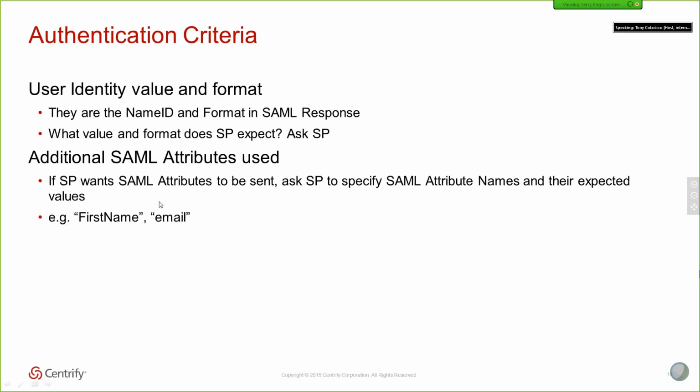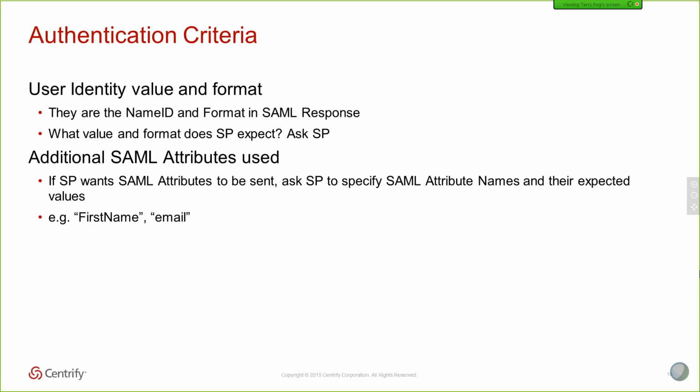Authentication criteria. We have talked about the other pieces that we need to exchange. What about inside the message? Remember that message is so long, there are many details and little pieces. The SP could require a specific format. For example, some SAML applications require the name format to be email address.